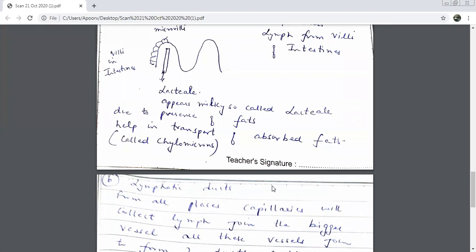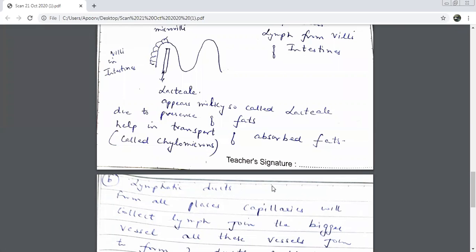Of all the organs related to the lymphatic system, the left one is the largest. It is so large that it drains about 75% of the body. The right duct drains only the right arm, right lung, right side of the head and right side of the neck. Basically, the entire draining part is done by this one.